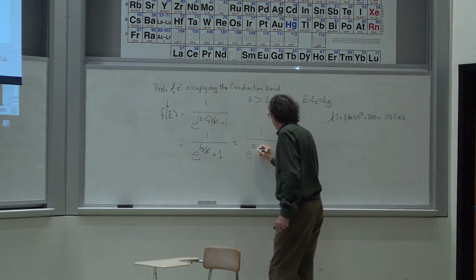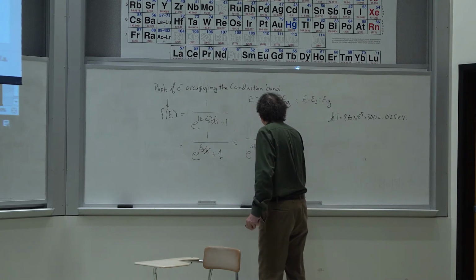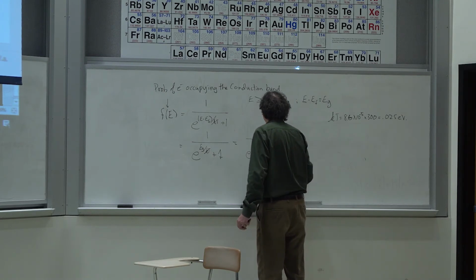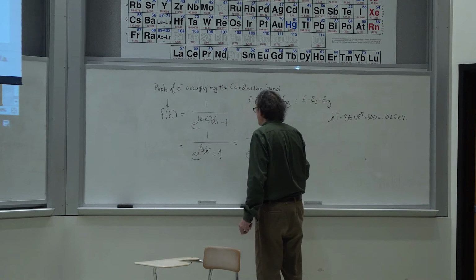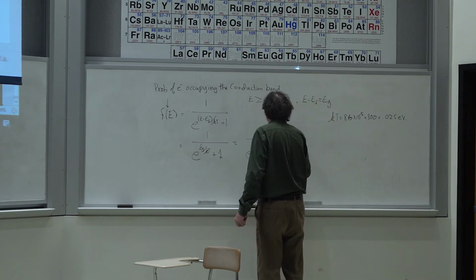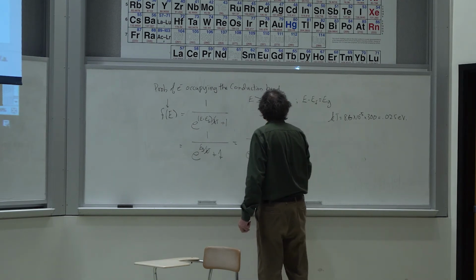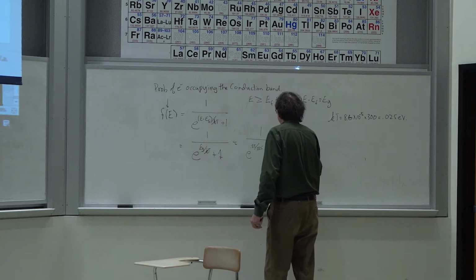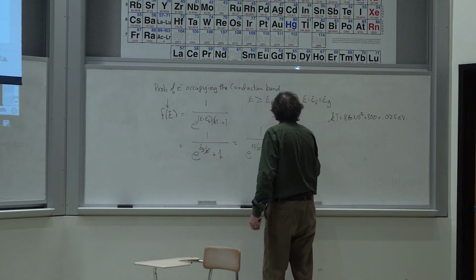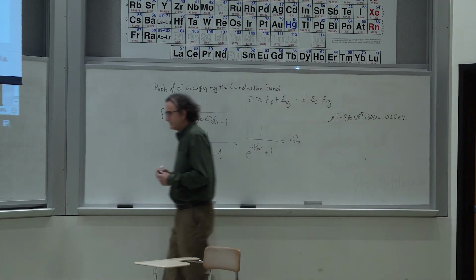So I put in 0.025 here, plus 1, and I get that this probability is approximately, if I evaluated this a little bit earlier today before class, about 0.156. If I've done that correctly, right?